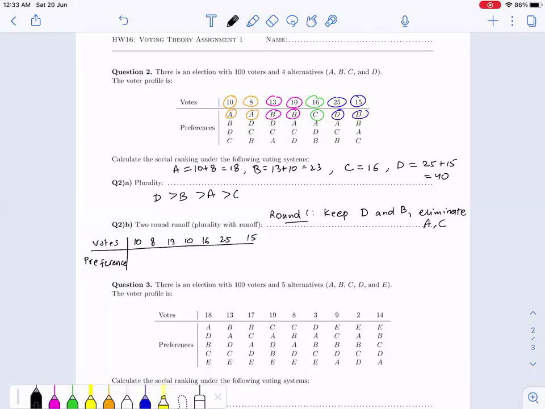You just draw the table without the alternatives A and C. So just ignore them. In the first column, just ignore A and C. So the first column would be BD. In the second one, also ignore A and C. That would be DB, and so on.